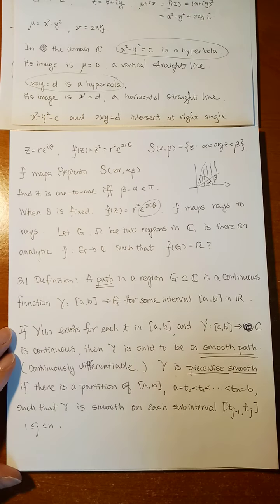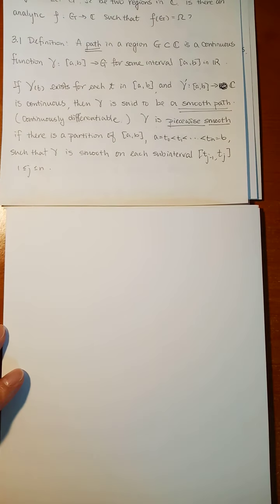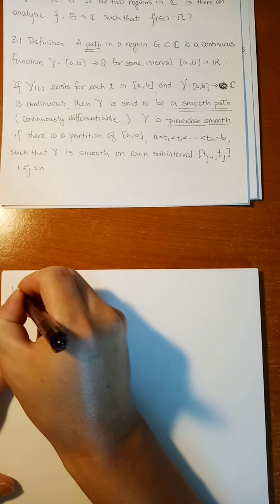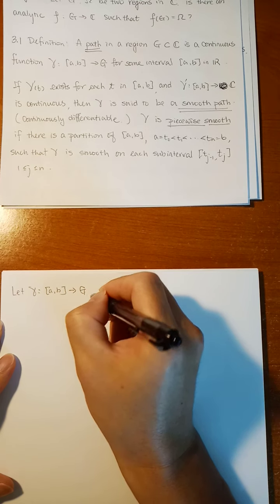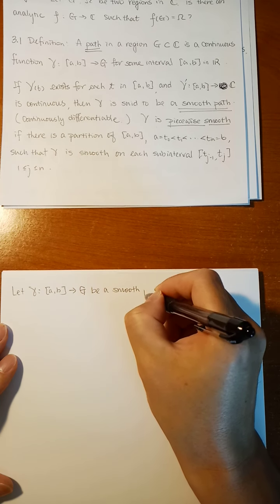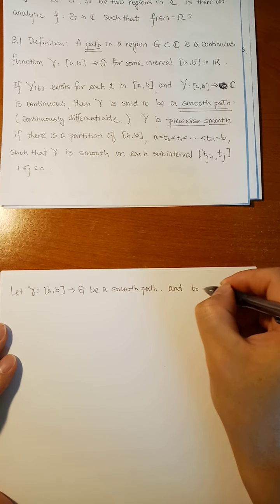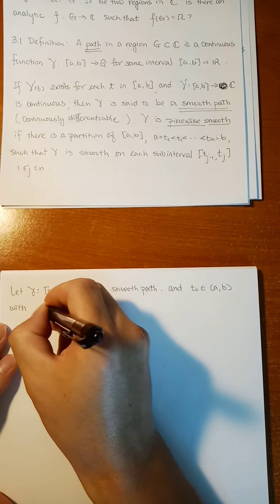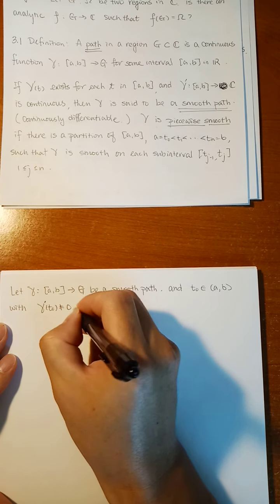Now let's see. This is a path, smooth path, piecewise smooth path. And now let gamma from [a, b] to a certain region G be a smooth path, and t_0 in the domain [a, b] with gamma prime of t_0 not equal to 0.